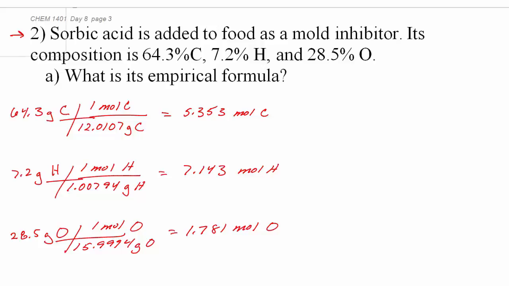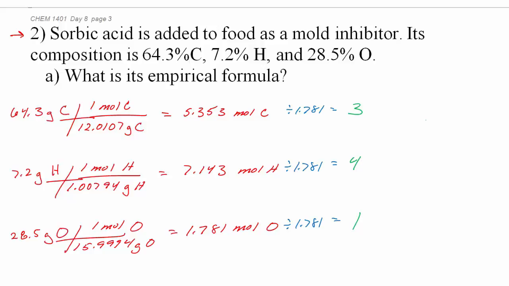Okay, we're after the empirical formula. We're supposed to stop there. So let's just divide through by the smallest. Divide by 1.781. 5.353 divided by 1.781, about 3. 7.143 divided by 1.781, 4, and 1.